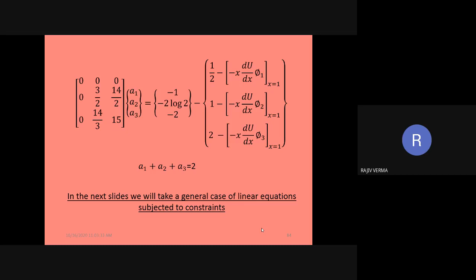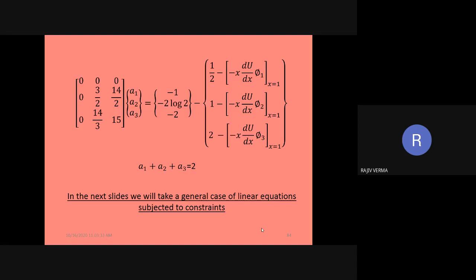So this basically means that we have 4 equations and there are only 3 unknowns, A1, A2 and A3. In fact, there is a fourth unknown also, which is appearing on the right hand side of the equations given by x multiplied by du by dx into phi 1.